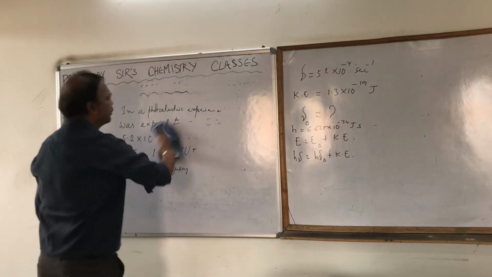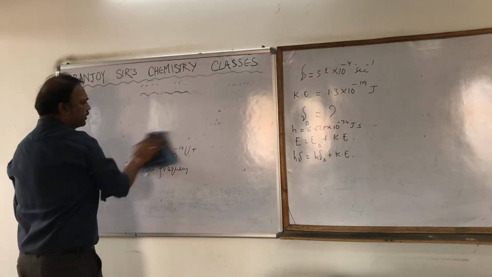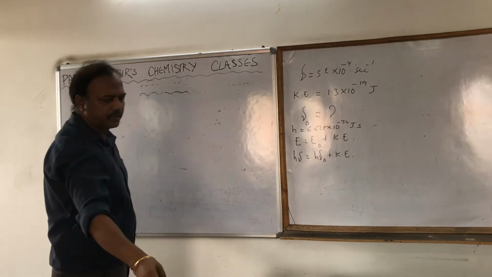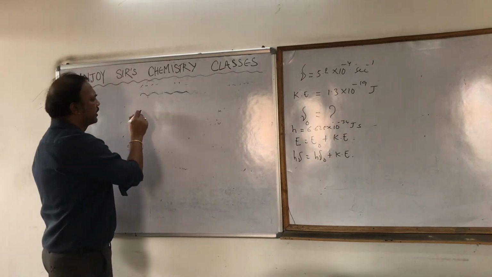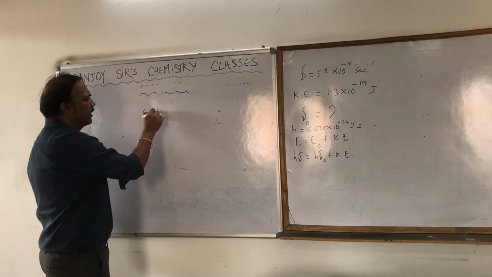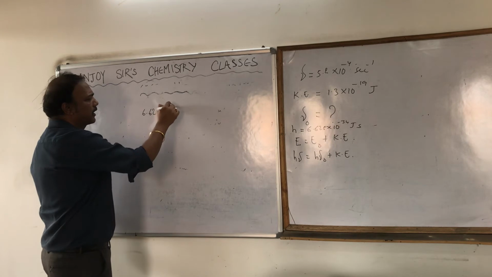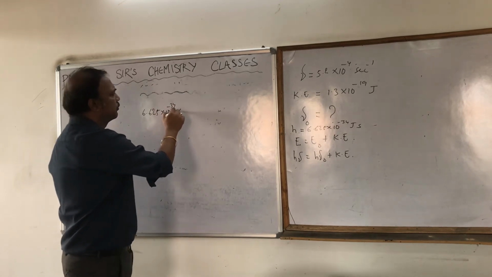So h nu is what? h is 6.625. Let me write it down: 6.625 into 10 to the power minus 34 into, what is the value of nu?